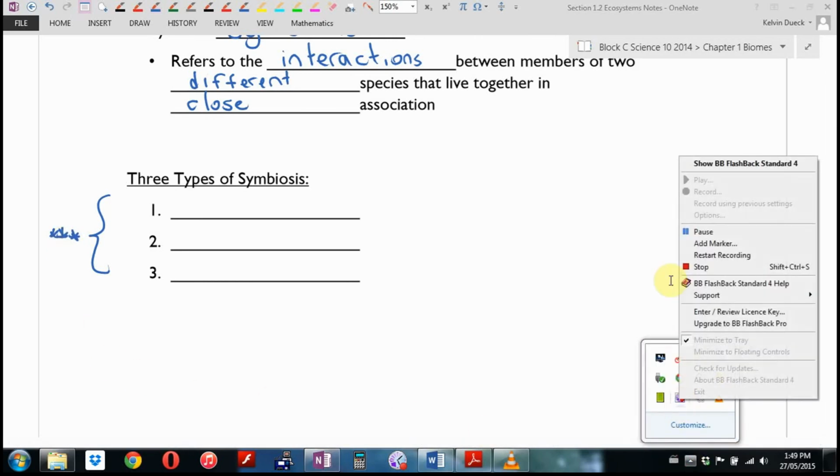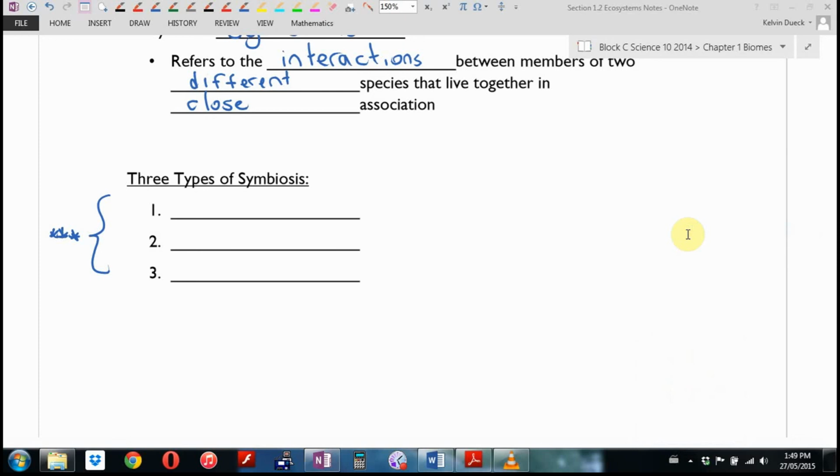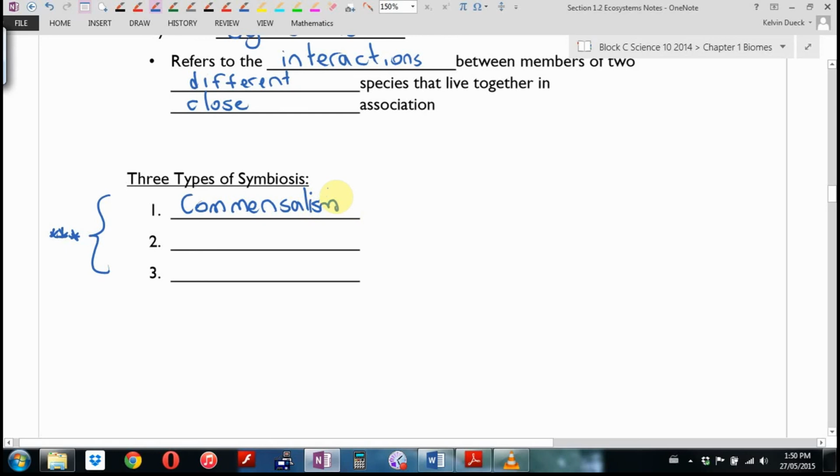So what are the 3 types? I'll give you the 3 words, and then we'll look at what each one of them means. The first one is commensalism. Commensalism. Common, and then S-A-L-I-S-M. The second one is mutualism.